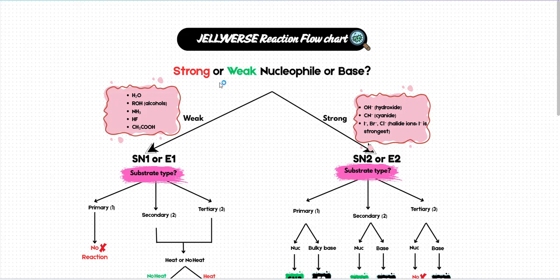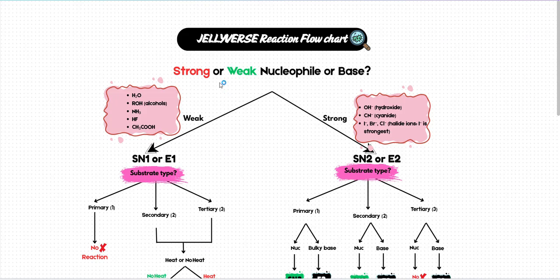For the reaction of SN1, it has two steps, and the rate depends on the substrate, and there's rearrangement, yes. For SN2, the step is only one, and the rate depends on the substrate and the nucleophile, and there is no rearrangement. For E1, there are two steps, and the rate depends on only the substrate.